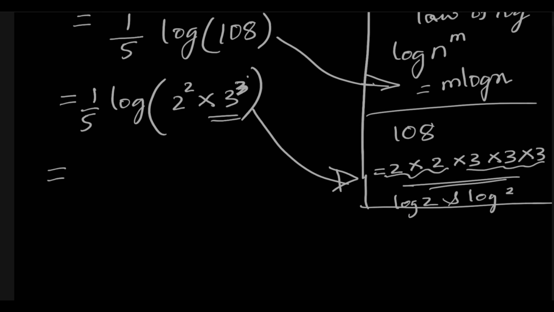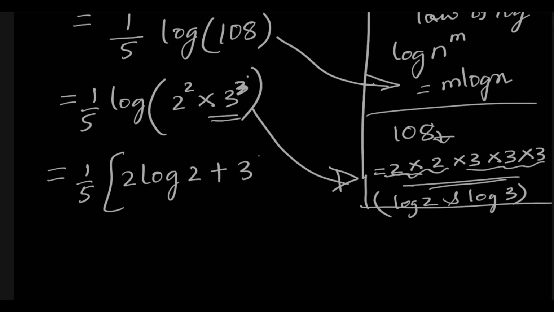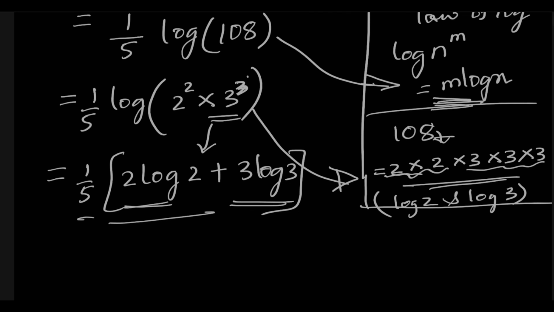So I'm reducing 108 in terms of 2's and 3's here. This can further be simplified and written as 2 log 2 plus 3 log 3. Is this clear? How did I get this step? Again, using the same law. So here it is reduced in terms of log 2 and log 3.